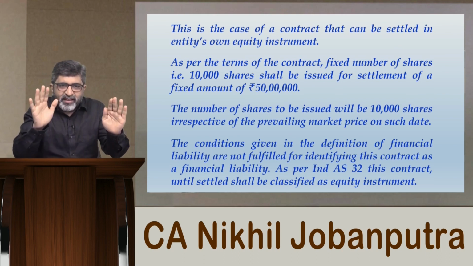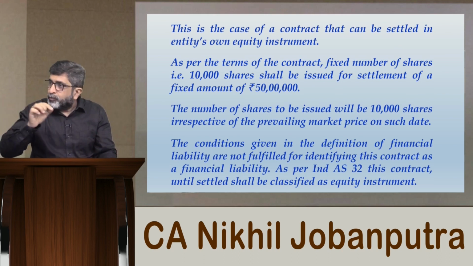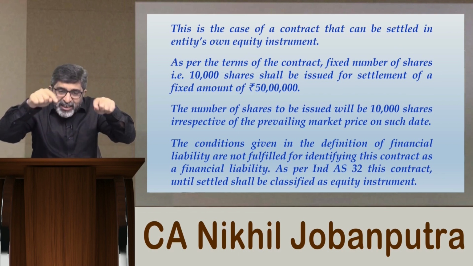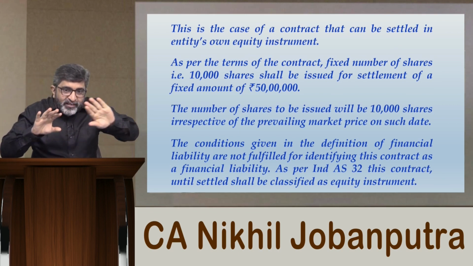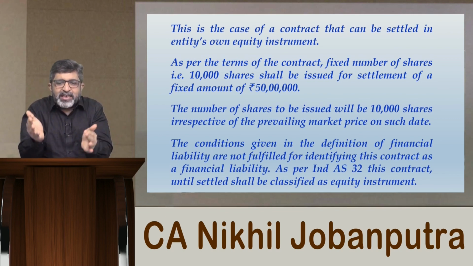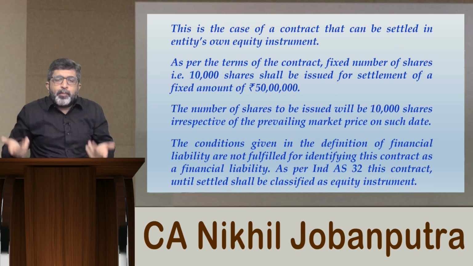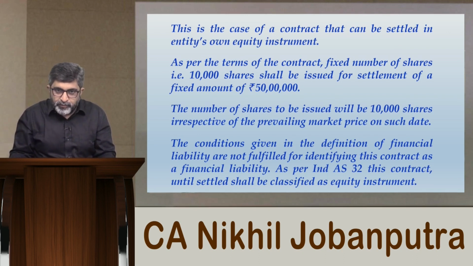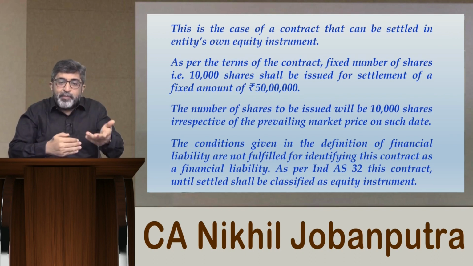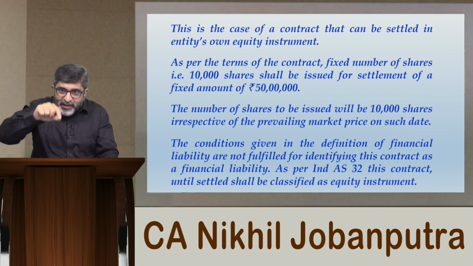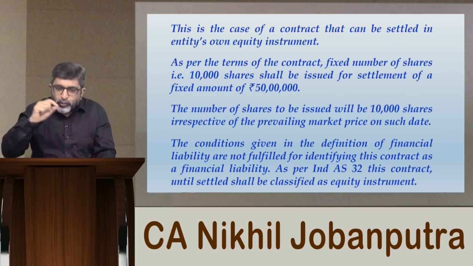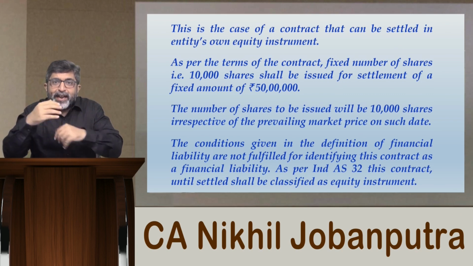So A Limited's account debit to equity share capital to securities premium. When you pass that entry, at that point A Limited's account will be gone, and what will come in your balance sheet will be equity share capital and securities premium, which are components of equity instrument. In question number 3, for settlement of B Limited, you would pass a similar entry, B Limited's account debit to equity share capital to securities premium on the date of settlement.